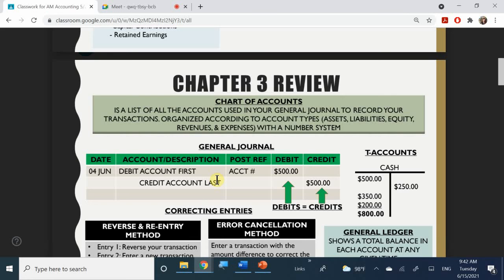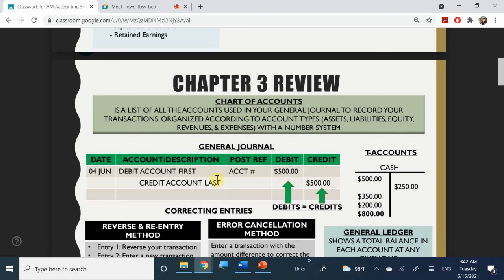The rule of thumb is that chapter 3 is going to be throughout the exam. Especially when we dive into chapter 5, I will ask you to journalize the purchase of inventory or the sale of an item. If you made a mistake in your journal, I can ask you to do the reverse and re-entry or the error cancellation.